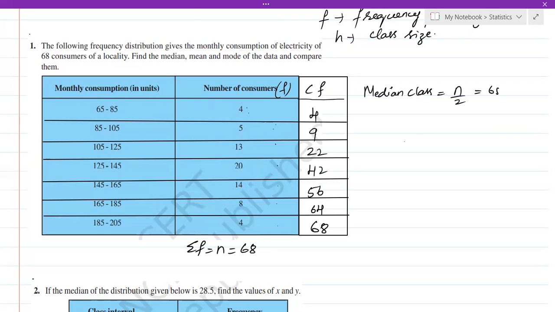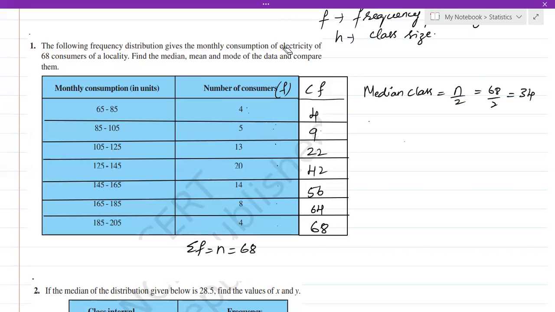Now just divide 68 by 2. 68 by 2 is 34. So the median class value is 34, which means it is the 34th data. In the entire 68 data, it is obvious the data in the 34th position will be the middle value. So where is this 34? Observe in CF: when it is 4, we have the first 4 data.